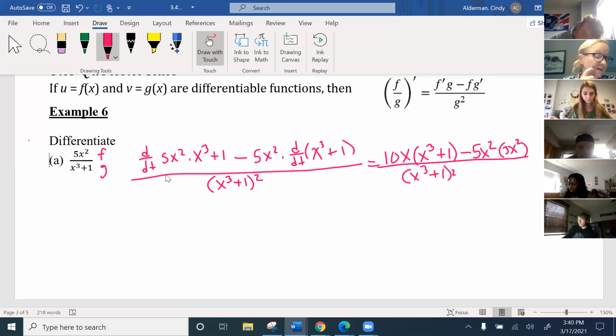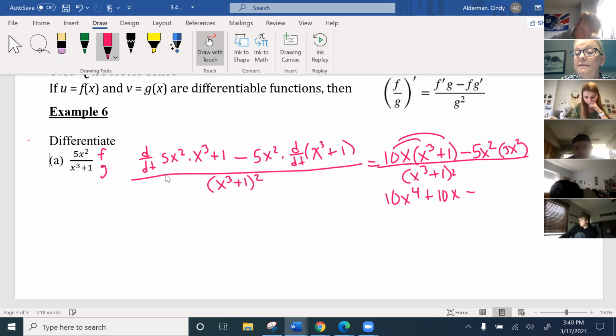All right, so the top, we definitely need to get rid of those parentheses, right? Because as you can see, the top is a little messy, right? We can definitely make that more compact. So we're going to just distribute. So you'll get 10x to the fourth plus 10x minus 15x to the fourth all over x cubed plus 1 squared.